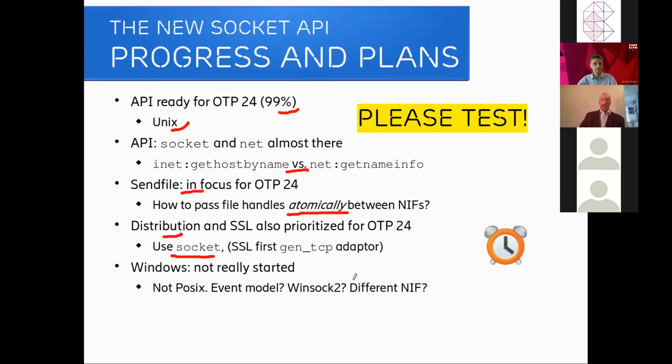Windows, sorry to say, is not really started. It's quite different. We have to decide if we should try WinSock and do a socket module that behaves the same on Windows. People have tried before and failed, so maybe we should create a different NIF and have the platform independence on the gen_tcp level instead.